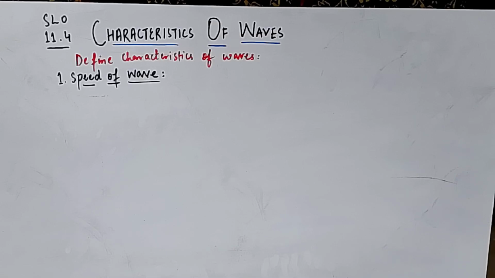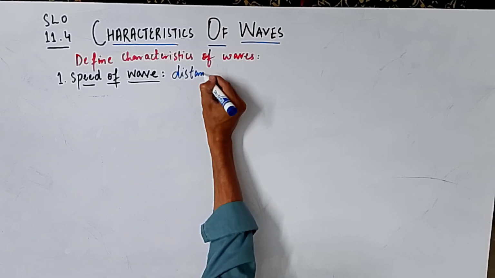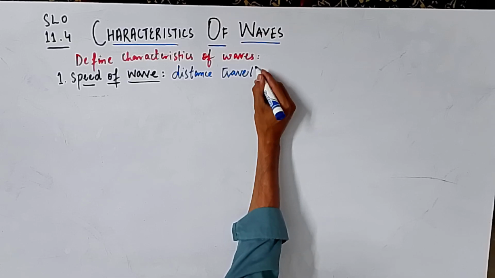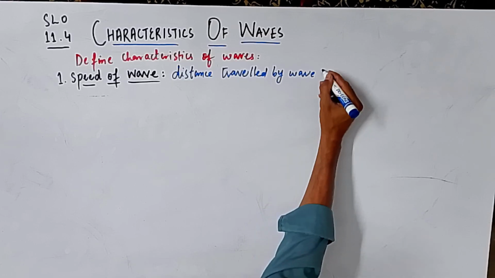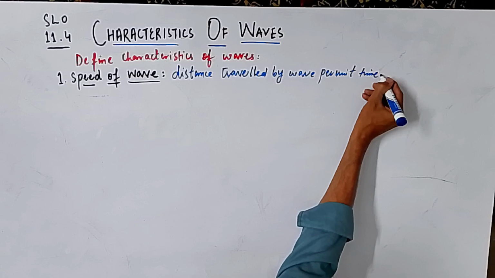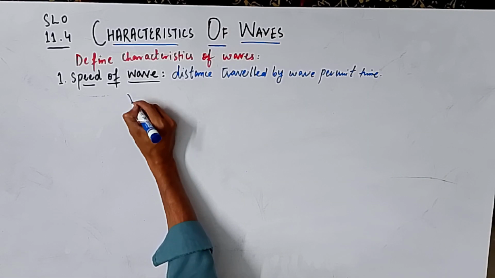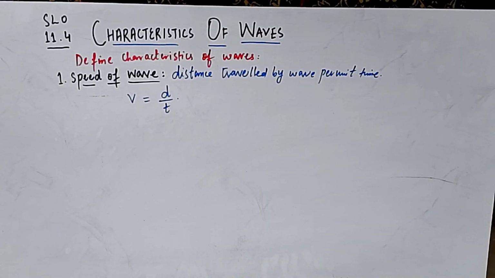Wave speed is the distance traveled by a wave per unit time. So we have the formula d upon t. The unit is the same, meter per second.